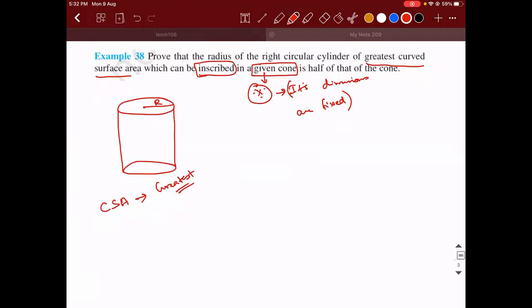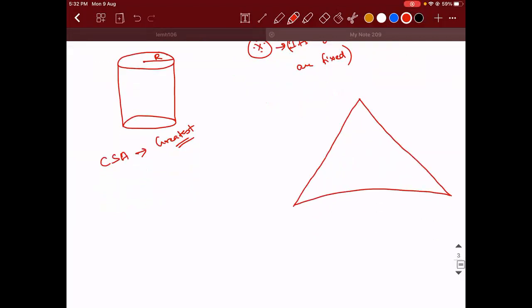So now since we have read the question, let's try to put it as a diagram. So what is it that we have? We have a cone which is given. Okay, let me say the radius of this cone is small r and the height of this cone is small h. Inside this, what are we doing? We are putting a cylinder.